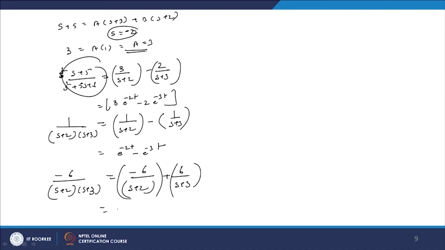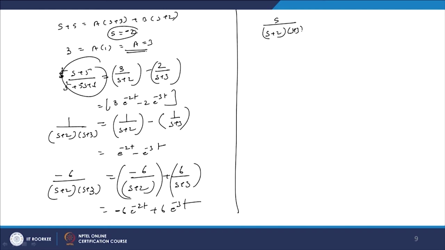So, here we will get minus 6 e raised to minus 2t plus 6 e raised to minus 3t. And lastly, this s divided by s plus 2, s plus 3, we can write down as A divided by s plus 2 plus B divided by s plus 3.